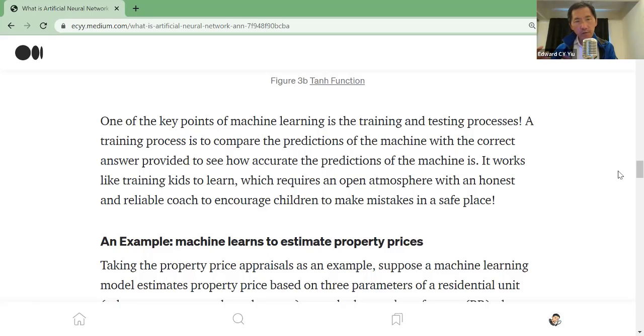So it works very similar to training children to learn, right? Which also requires an open atmosphere with an honest and reliable coach to encourage children to make mistakes in a safe place.